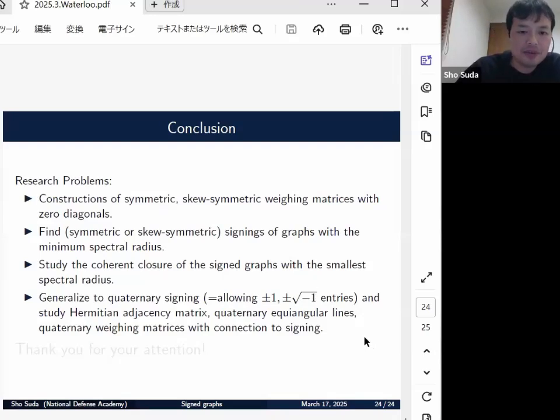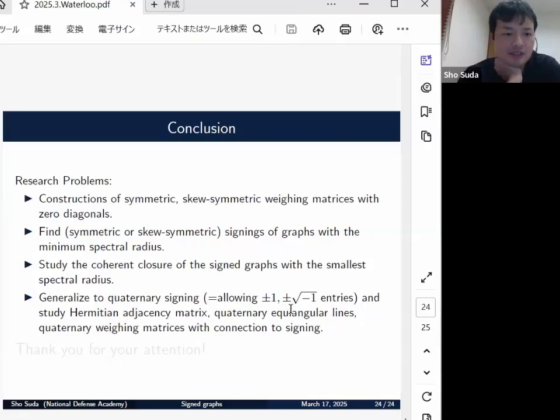Finally, I want to emphasize that it would be interesting to generalize some of the work to the quaternary case. It means the signings, where each edge is assigned these 4 values, plus or minus 1 or plus or minus square root of minus 1. And I think Mohana Go studies the Hermitian adjacency matrix.